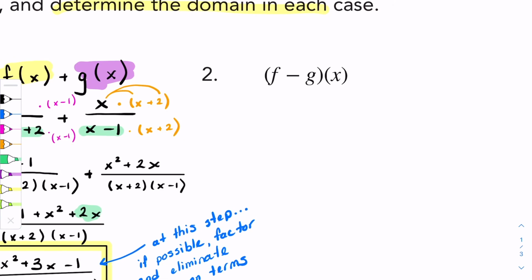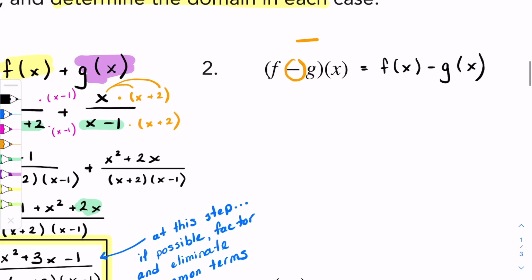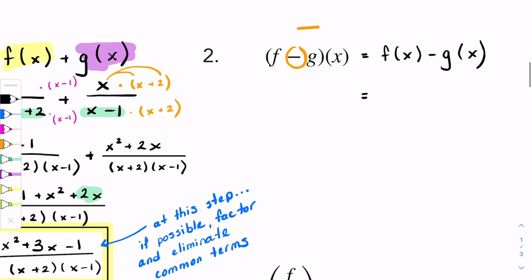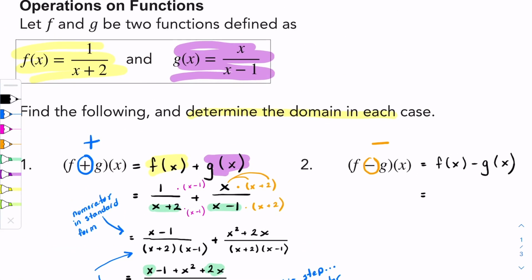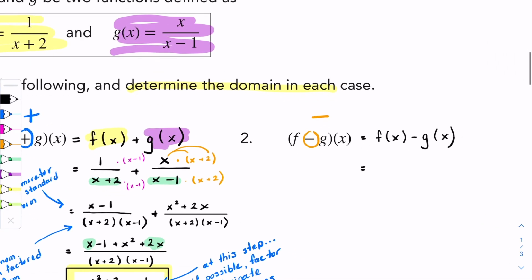Next, we're looking at subtraction, or finding the difference between two values. This is the same thing as saying f of x minus g of x. All right, for our two functions, we're using the functions above, our f of x function and our g of x function.